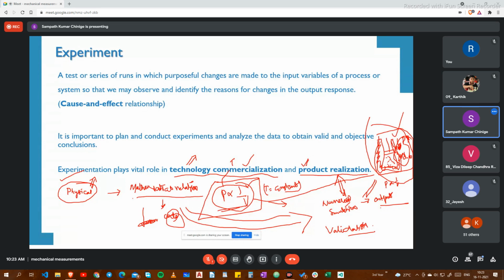Okay. So now, first of all, I would like to show you different types of experiments, which we have already discussed very briefly in chapter 2. At this point, we are choosing to expand the categorization of these experiments.